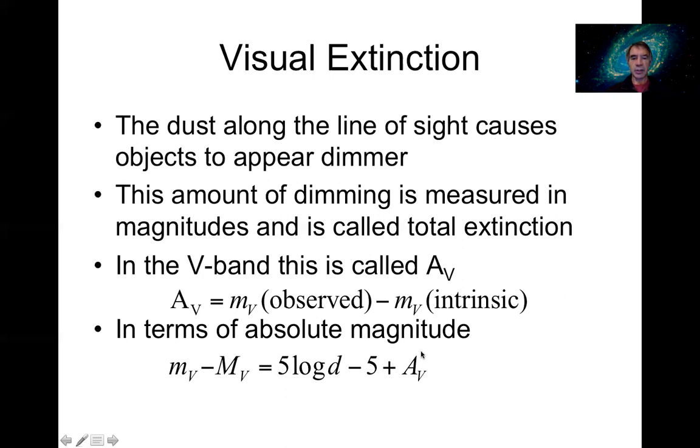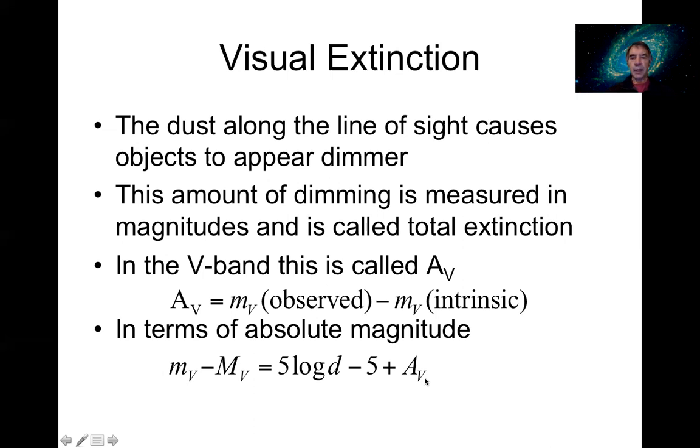Previously we didn't have this AV term on the end, but of course the absolute magnitude is a property that's intrinsic to the star itself. And when we had the equation before, we were assuming that the apparent magnitude was also the intrinsic apparent magnitude. But now, if this is the observed apparent magnitude, we have to account for this effect of the dust.